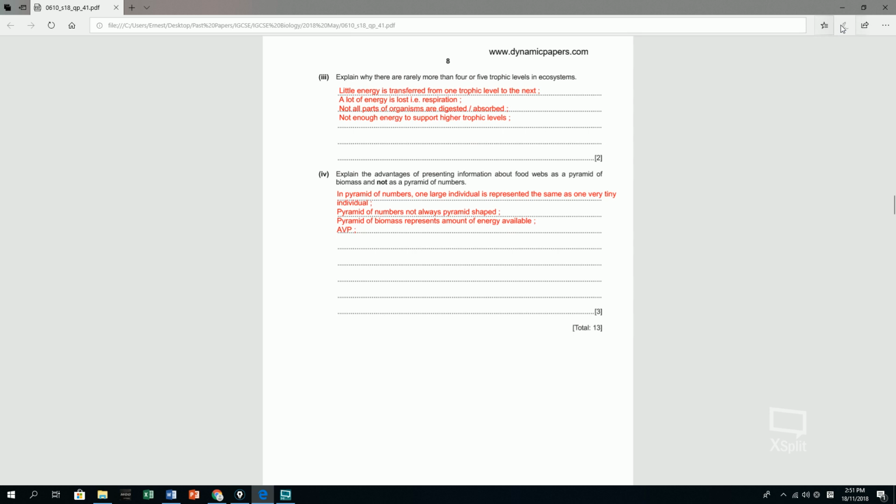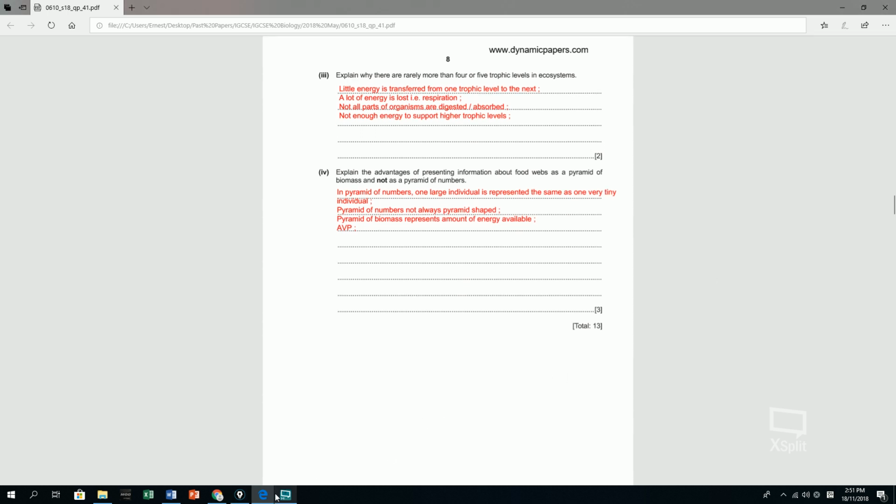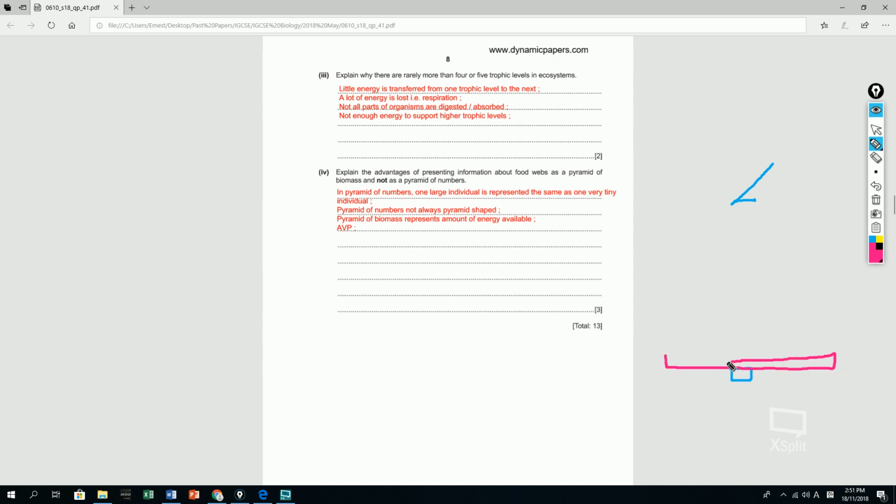So for example, in the pyramid of numbers, if you have one large tree, and a lot of different caterpillars eat on that tree, you can see that it's a little bit off.